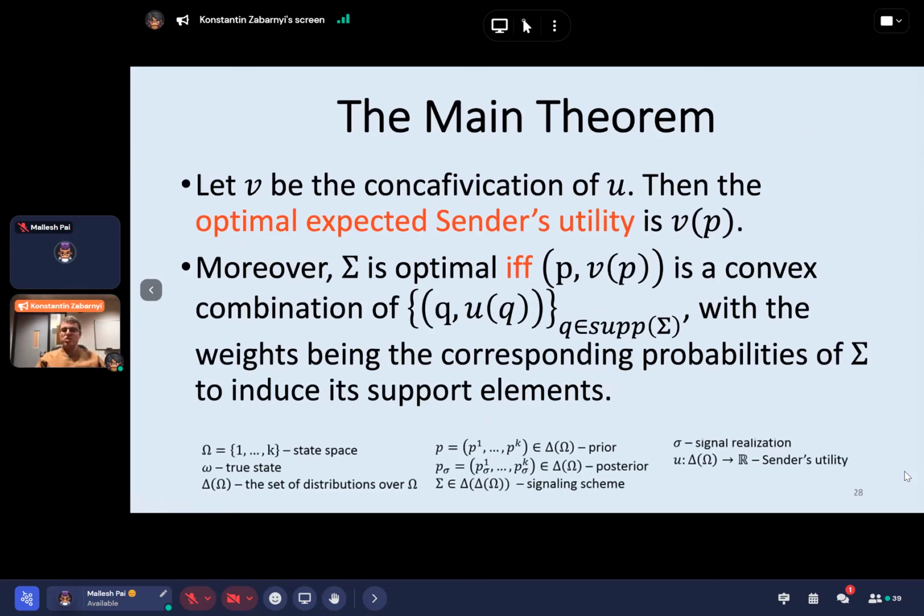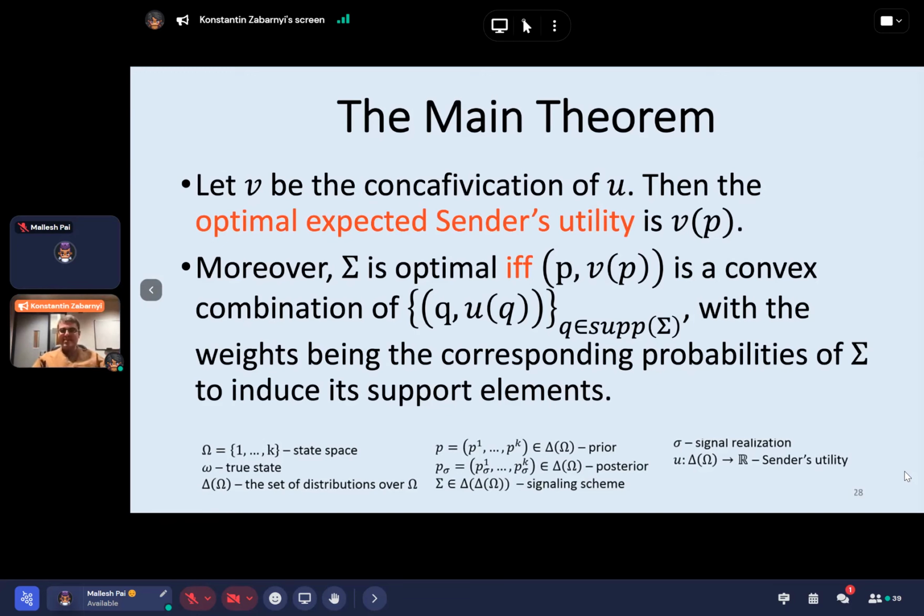When we know the indirect sender's utility U, and we want to evaluate the optimal expected sender's utility, then we just have to evaluate the concavification V of the indirect sender's utility when we plug in the posterior which equals the prior. Again, the optimal expected sender's utility is just the evaluation of V at the prior distribution.